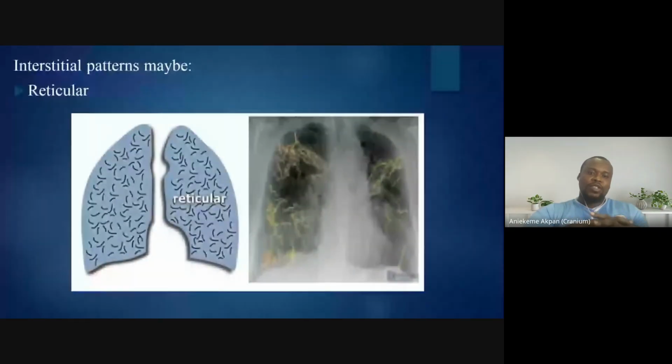Okay, so we say that we have the alveolus as a unit of the lungs, and the alveolus is where gaseous exchange takes place, right? But the lungs themselves, just like we have bone in the body, need structures to support the alveoli. And these structures are considered as the interstitium, right? So because these are also tissues, they can also be diseased.